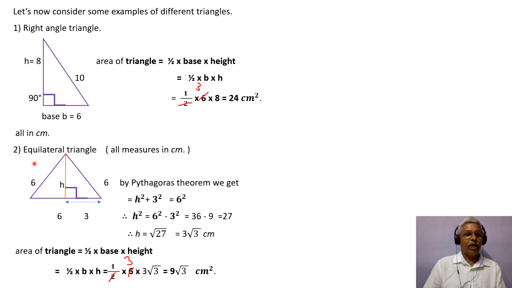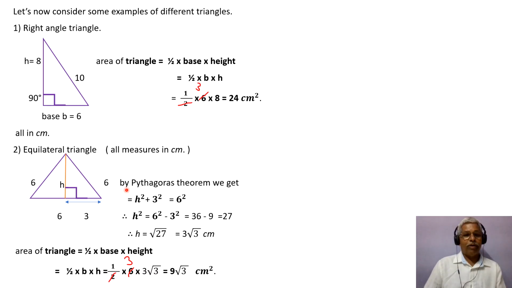And second one, equilateral triangle. All measures in centimeters. So equilateral triangle, this is 6, this is 6, and this is 6. So we need h. So this base is 3.